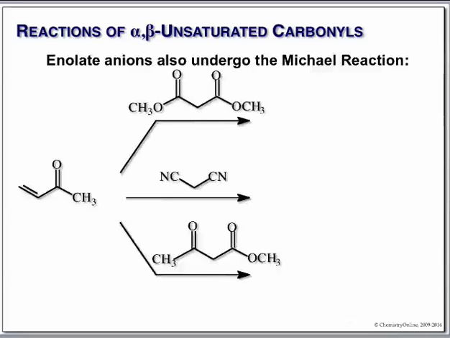This is dimethylmalonate, the dimethyl ester of malonic acid, and this is malononitrile. All of these are going to form very stable anions on our central CH2 here. And all of those anions can be used as nucleophiles for a Michael addition.